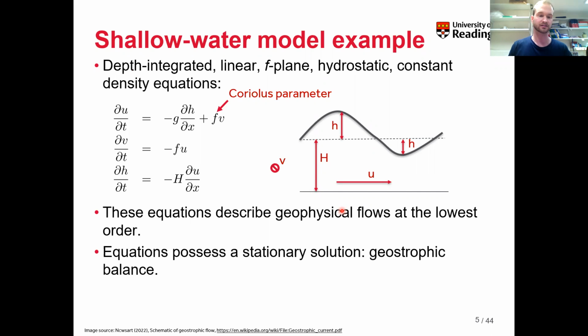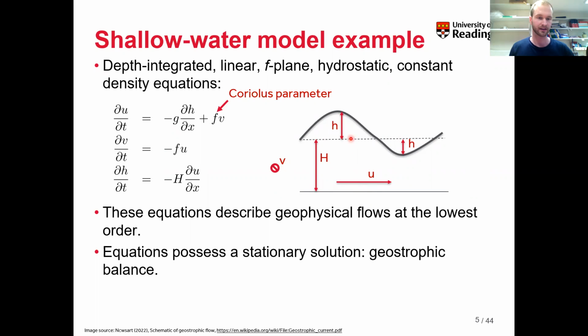These equations describe the motion of the ocean at the lowest order, where capital H is the depth of the ocean, small h is the perturbation of the ocean surface from some unperturbed state, U is the velocity along the slide, and V is the velocity into the slide.